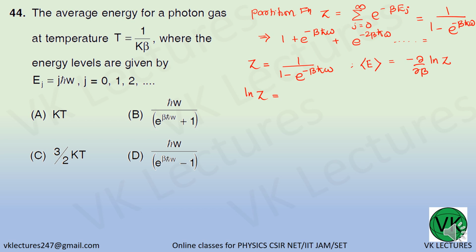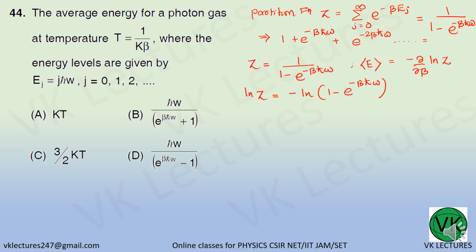So that will become minus, since it is in the denominator, minus log of 1 minus e to the power minus beta h cross omega. So log Z equals minus log of 1 minus e to the power minus beta h cross omega.